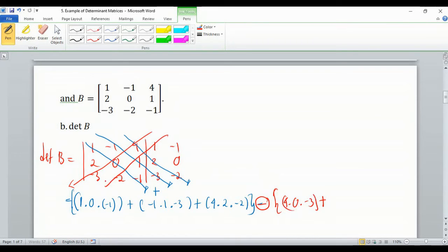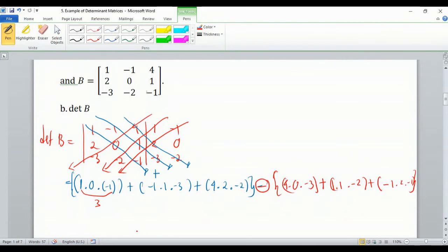This one, 1 times 1 times minus 2, and then plus this one, minus 1 times 2 times minus 1. If you are confused, each arrow is just three members, 3 and 3, everyone. If you just find the 2 and 3, it's wrong. The entry should be 3.